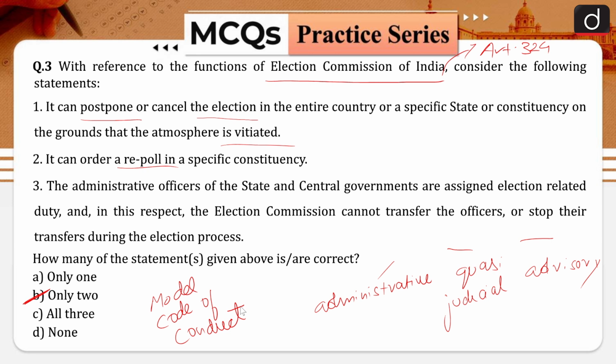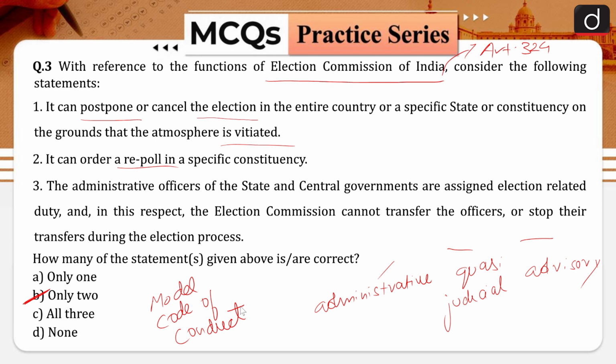It can also order a re-poll in a specific constituency. It can also order a recount of votes when it feels that the counting process has not been fully fair and just, and that is why your statement number 2 here is also correct in nature.